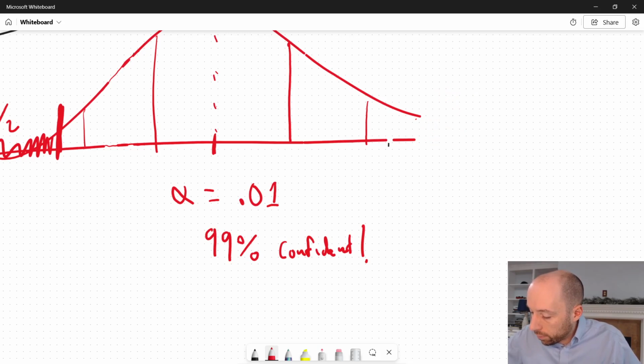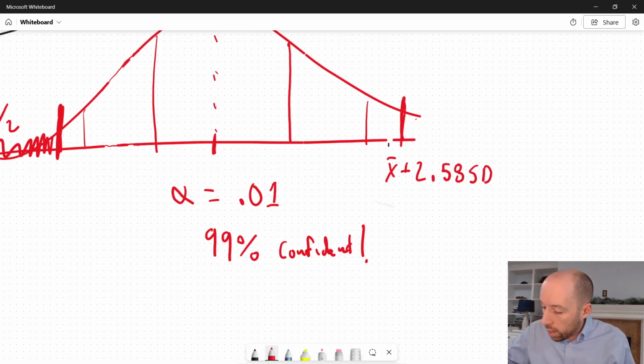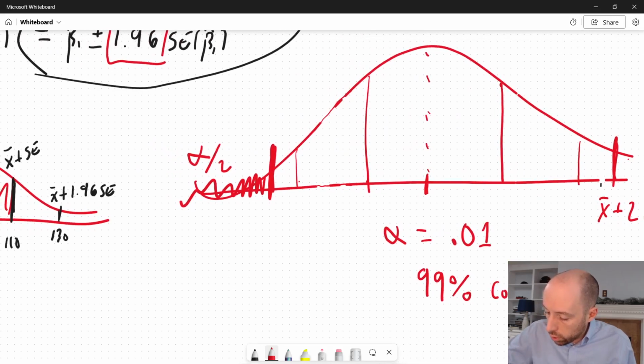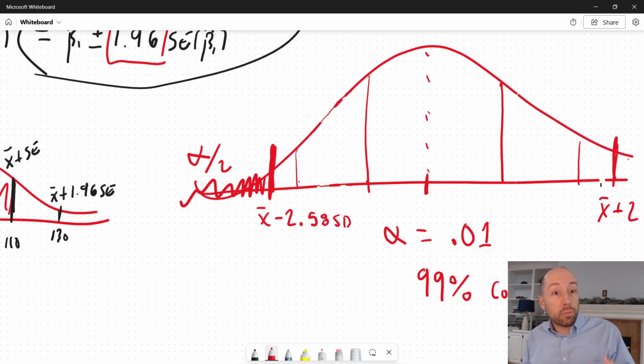Here's the line. This is x or mu. We'll say x bar plus 2.58 standard deviations or standard errors. And over here, 1, 2, x bar minus 2.58 standard deviations, or standard errors if we're talking about the average.